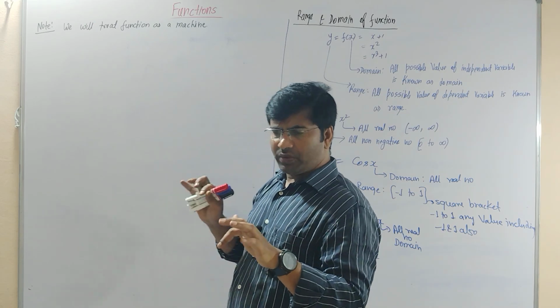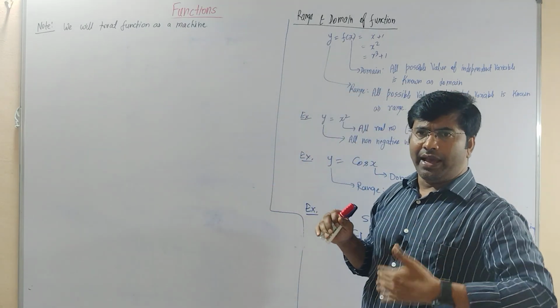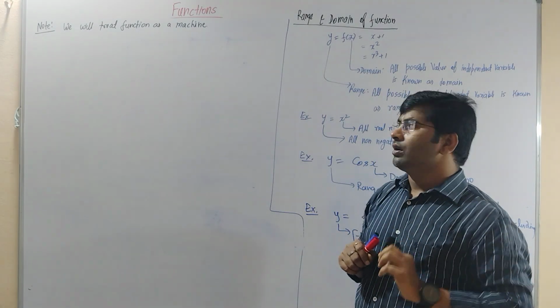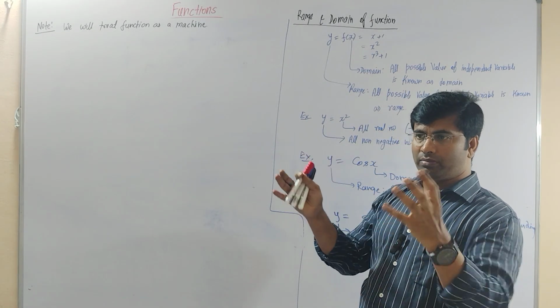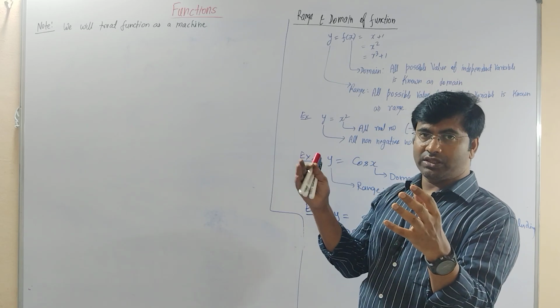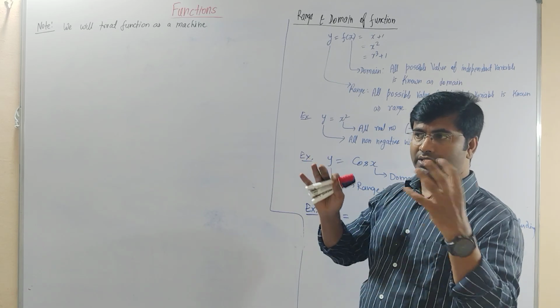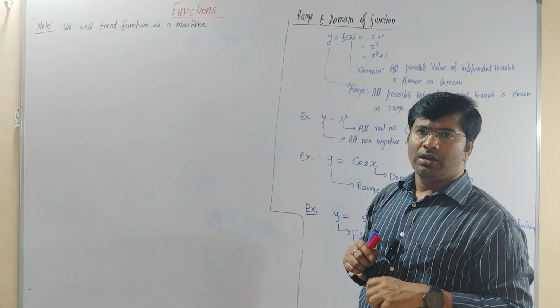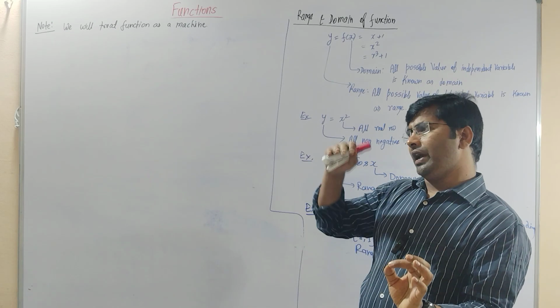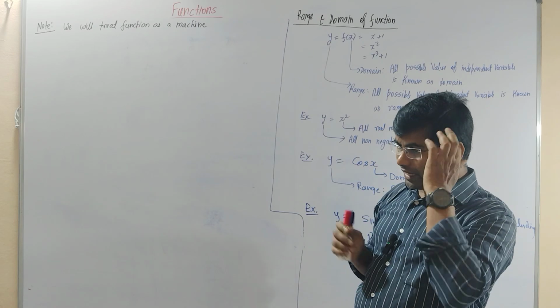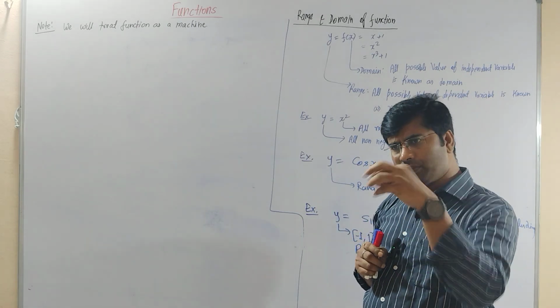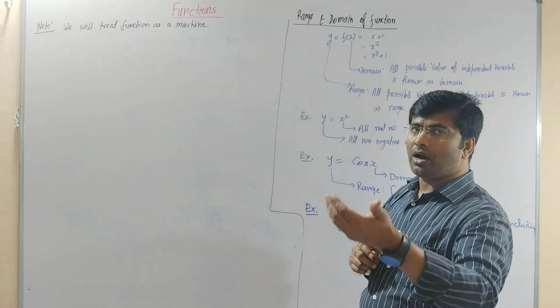Whatever input you enter through the keyboard, accordingly we get output on the monitor. So this whole setup, keyboard, CPU, monitor, is acting like a machine. Whatever input you give, accordingly output will come. So this whole setup is acting like a function.